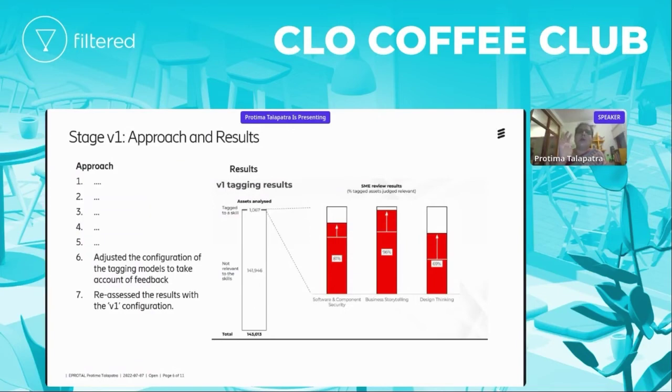This time round, we got about 1,067 courses, almost half the courses, tagged to this, and we saw that the accuracy had really improved. For security, we were at about 80% plus. For business storytelling, we were at 90% plus, and for design thinking, somewhere around 67%. So there was almost an increase of 20 to 23% in accuracy from where we started off at version 0. I believe as we keep moving forward with this, it's only going to grow, and we will expand on accuracies further.